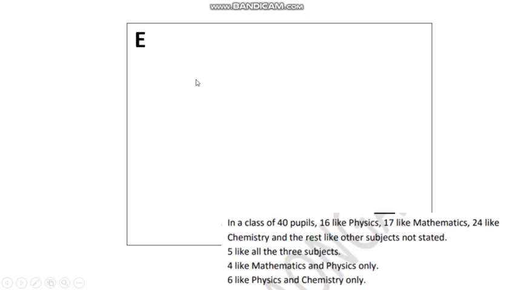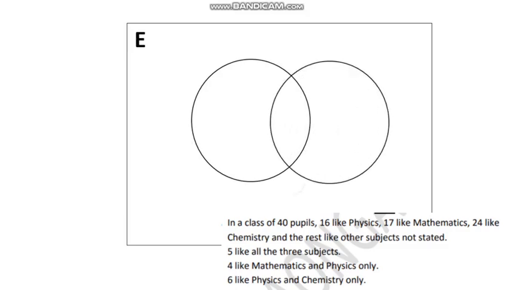In our Venn diagram, we are going to start with the rectangular box. Then we are going to have the universal set symbol here. Since we are talking about 3 subjects, that is mathematics, physics, and chemistry, we are going to have 3 circles, and these 3 circles are going to intersect, because we have been told that 5 pupils liked all the 3 subjects.